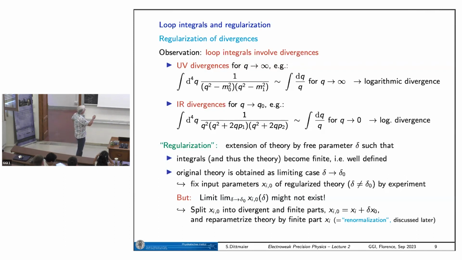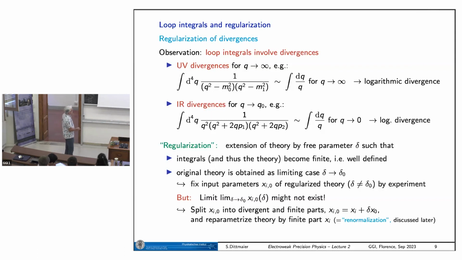So, as said, we need the process of regularization. We have to extend the theory in any appropriate way by a free parameter which is not yet there. Because we can then, if we do it in a clever way, achieve that for any finite value, let's say, or any region for this new parameter, we can tune the extension in such a way that I get finite integrals.